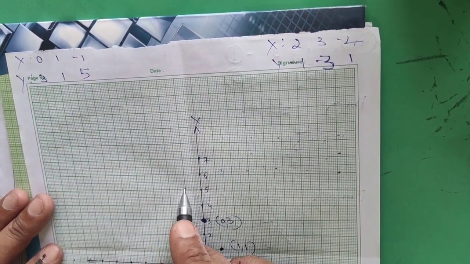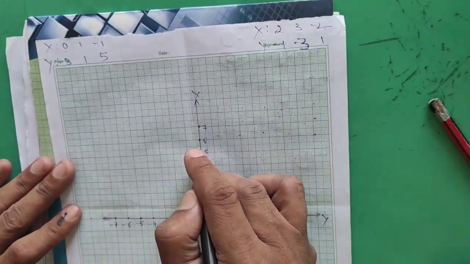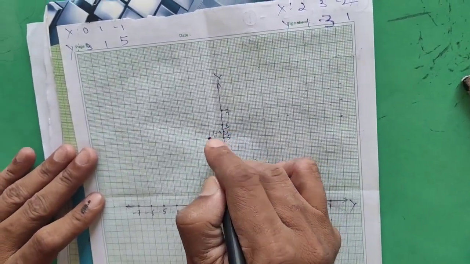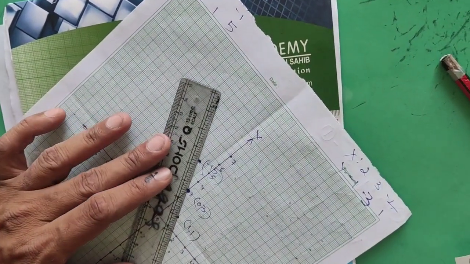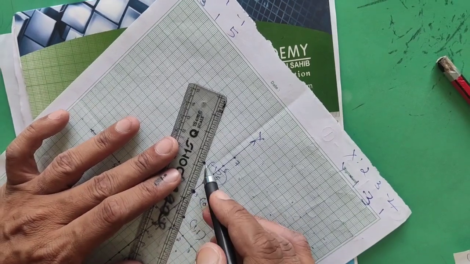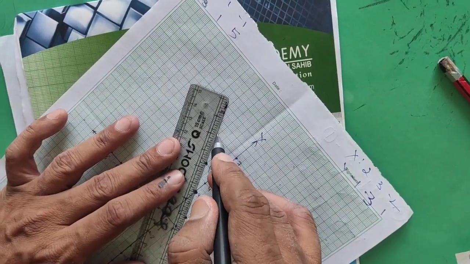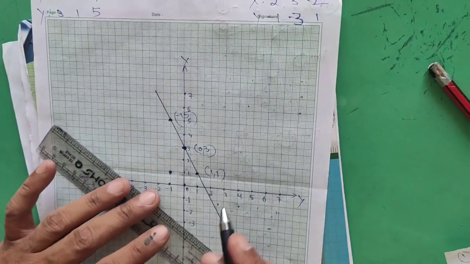This point is here. Now we plot these 3 points. We get a straight line, and this is the equation of L1.